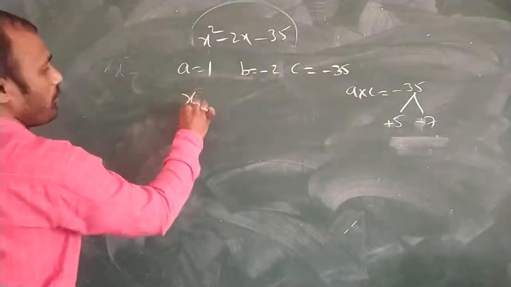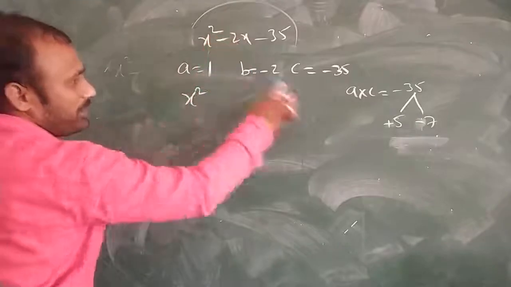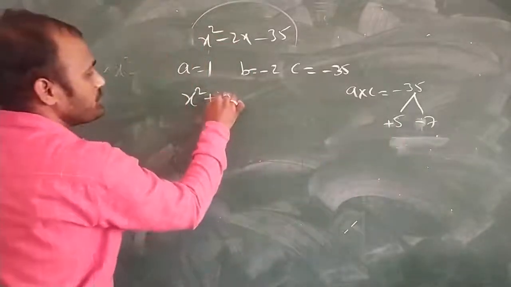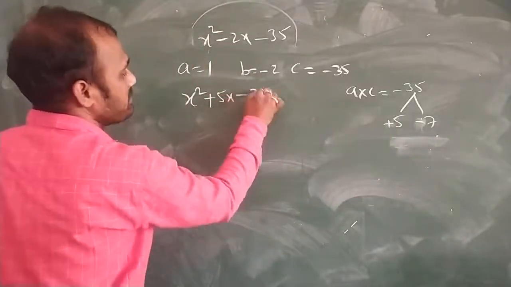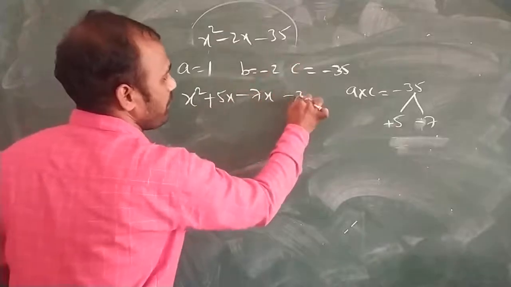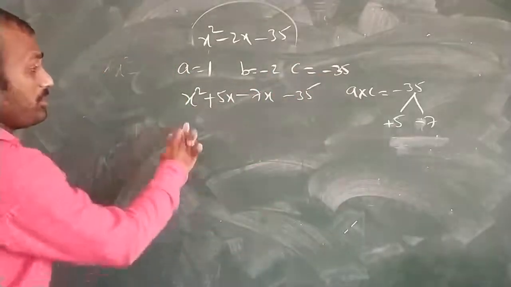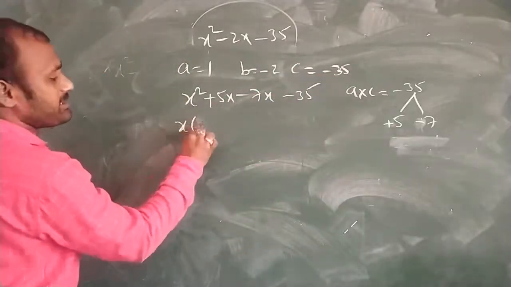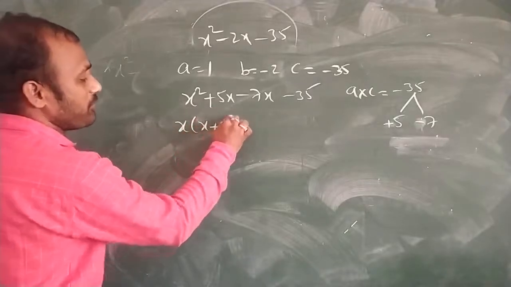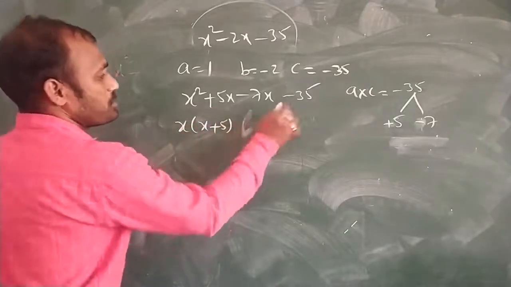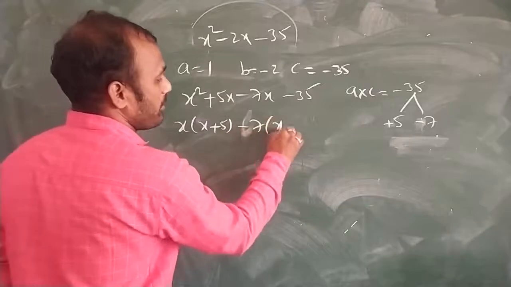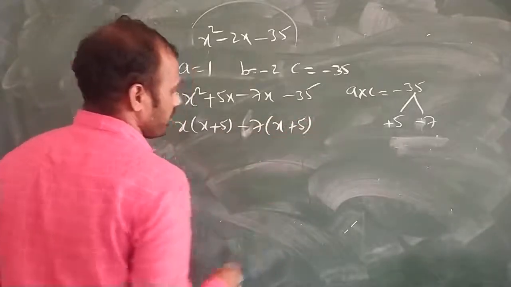Now, first term as it is, instead of middle term, we have written it as plus 5x minus 7x minus 35. In these two, we can take x as common, x plus 5, and in these two, we can take minus 7 common, x plus 5.